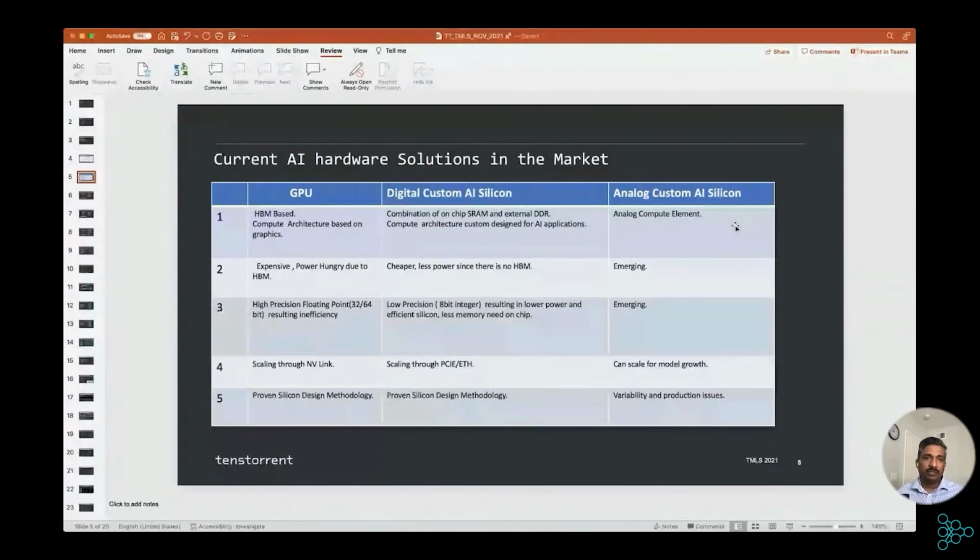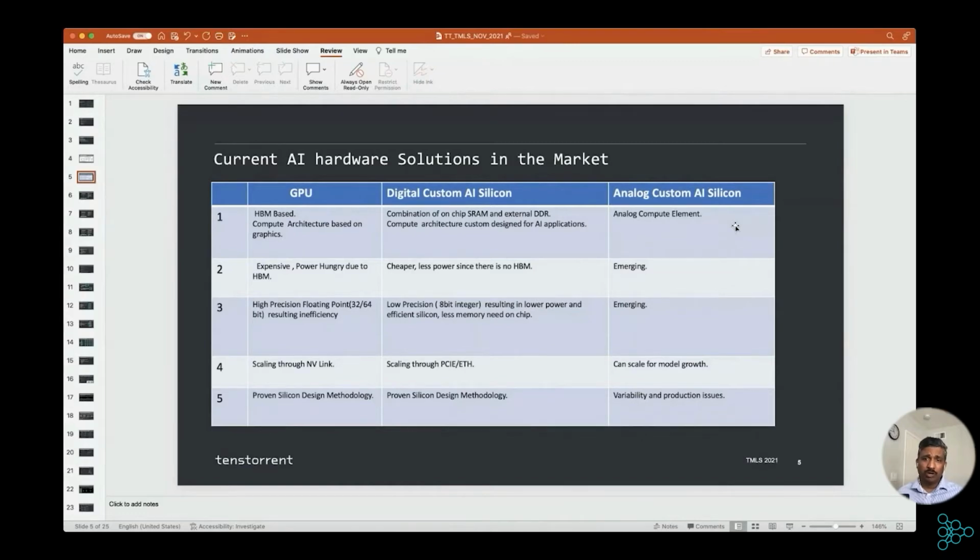The other thing is, in terms of scaling, GPUs are trying to scale through NVLink. NVLink is NVIDIA's scaling link, while the custom AI silicon solutions are going more industry standard, PCIe or Ethernet, which in our case, with the Tenstorrent solution, you will see further in my slides how powerful it is for training.